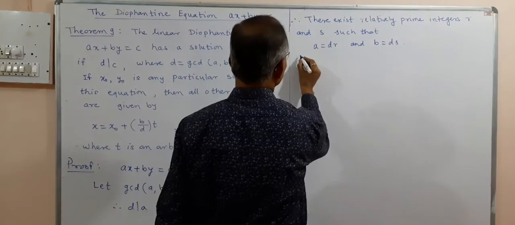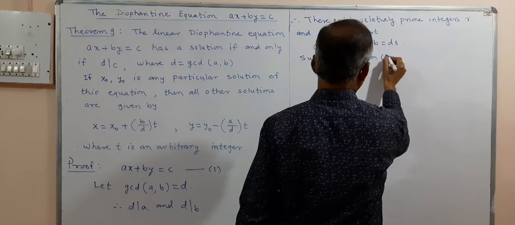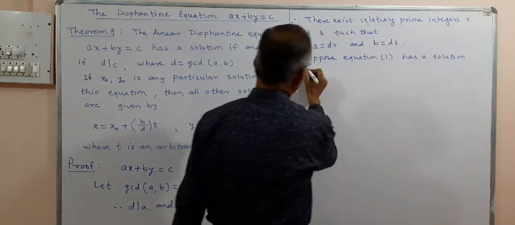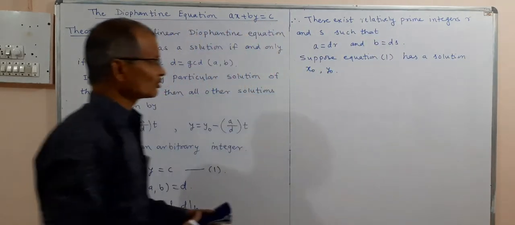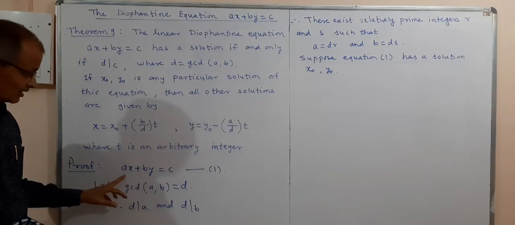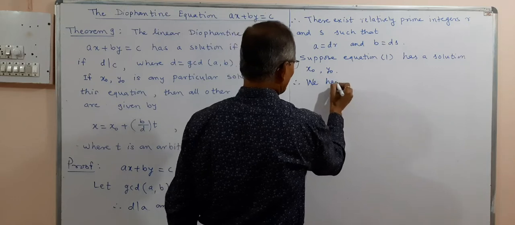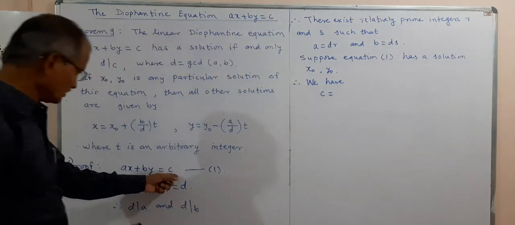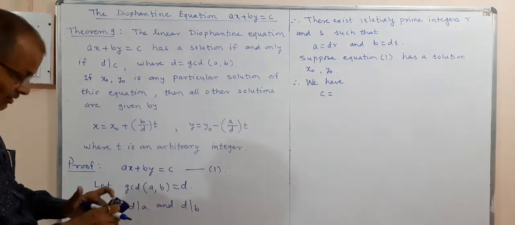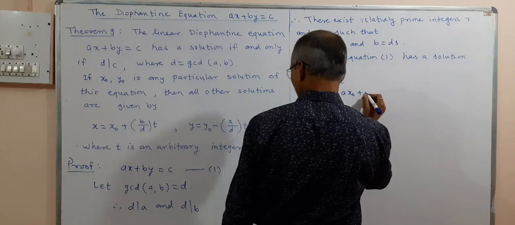Suppose x naught, y naught is a solution of this equation, means the values of x and y as x naught, y naught satisfy this equation, and therefore we have c is equal to, I should write this side as the left side and right side as ax plus by, where x is x naught, y is y naught is the solution, and therefore c is equal to ax naught plus by naught.